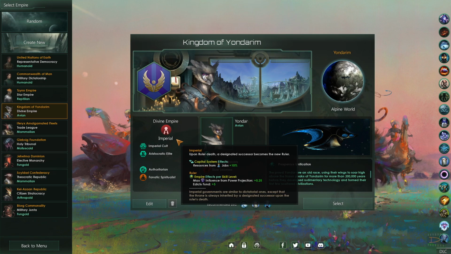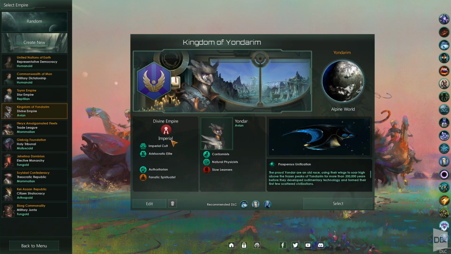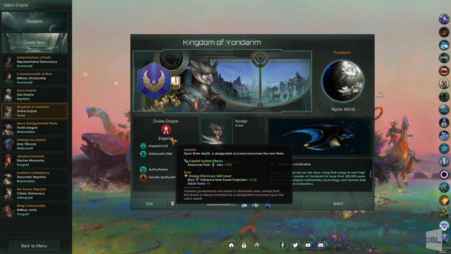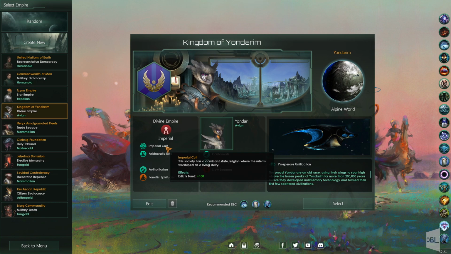I was going to say, there's no way I'm going to be able to sit here and read with no music. I would have just thrown my own on. Max influence from power projection plus 0.25. Edicts fund plus 5. Imperial governments are similar to dictatorial ones, except the throne is always inherited by a designated successor upon the ruler's death. Okay. Makes sense.